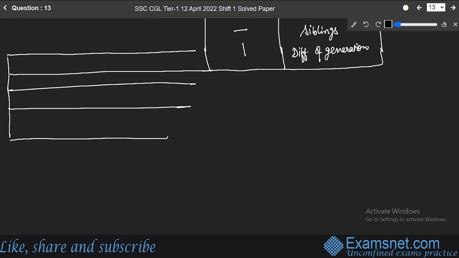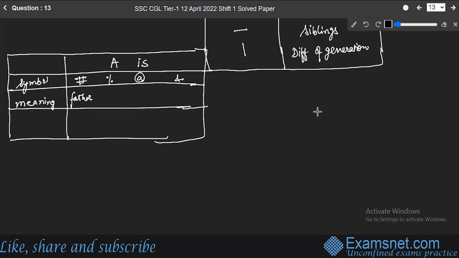I'll write down the symbol over here: A is, the symbol, and the meaning of the symbol. There is a hash, there is a modulus sign, at the rate, and the and symbol. So meaning of this symbol is father. This means mother. This means sister, and this means son of B. So these are the symbols which represent the different relationships.